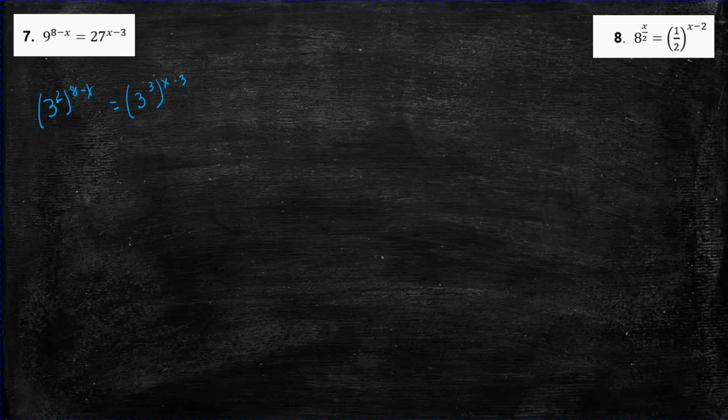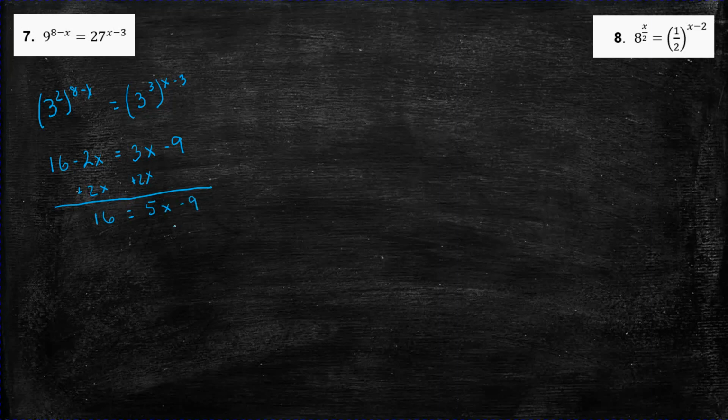So, again, I'm going to just get rid of my bases now and simplify this to 16 minus 2x. I've distributed the 2 all the way through, and that's going to equal 3x minus 9. So let's go ahead and simplify. That's going to give me 16 equals 5x minus 9.